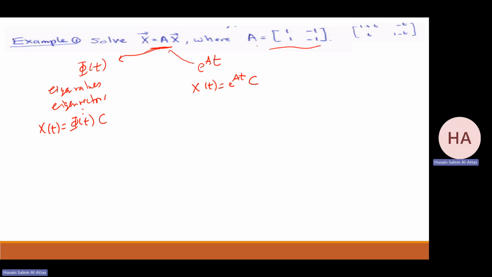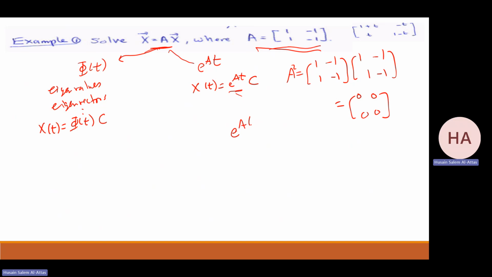In this case, I can find e to the power At more easily than finding the eigenvalues, eigenvectors, and doing all of this calculation. I notice A squared will be what? 1, minus 1, 1, minus 1 times itself. That gives me 1 minus 1, 0, minus 1 plus 1, 0, 1 minus 1, 0, minus 1 plus 1, 0. So e to the power At is actually I plus At plus 0.